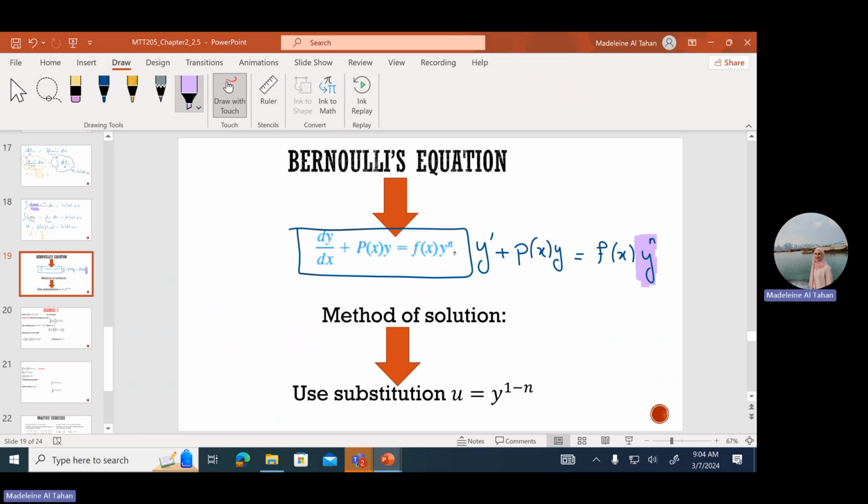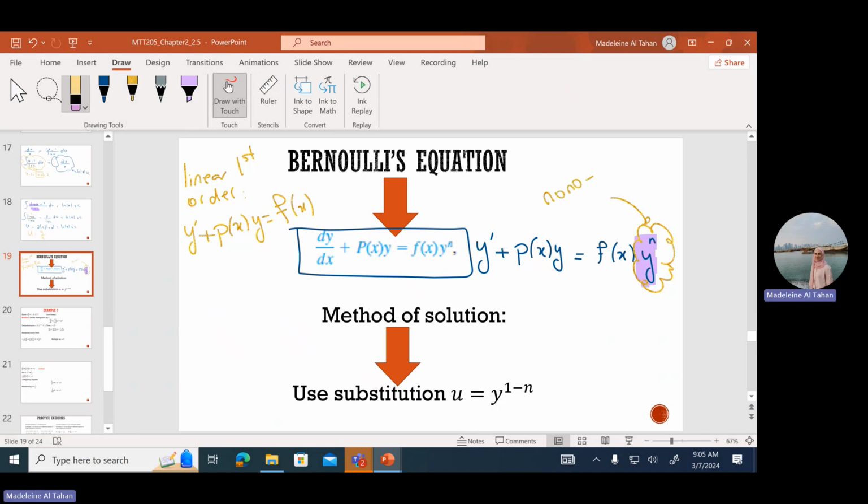So if we go back to the linear equation, what's the shape? Linear first order is y prime plus P of x times y equal to f of x. What's the only thing that changes here? The y to the power n.